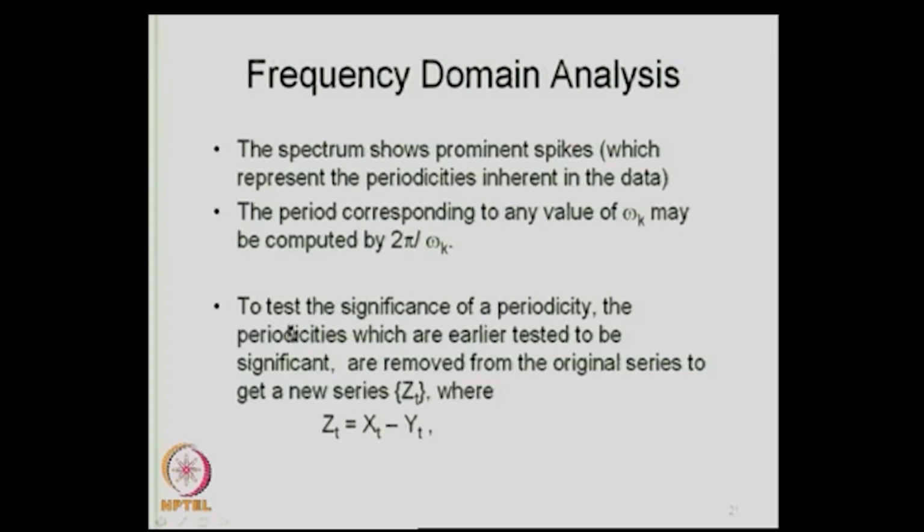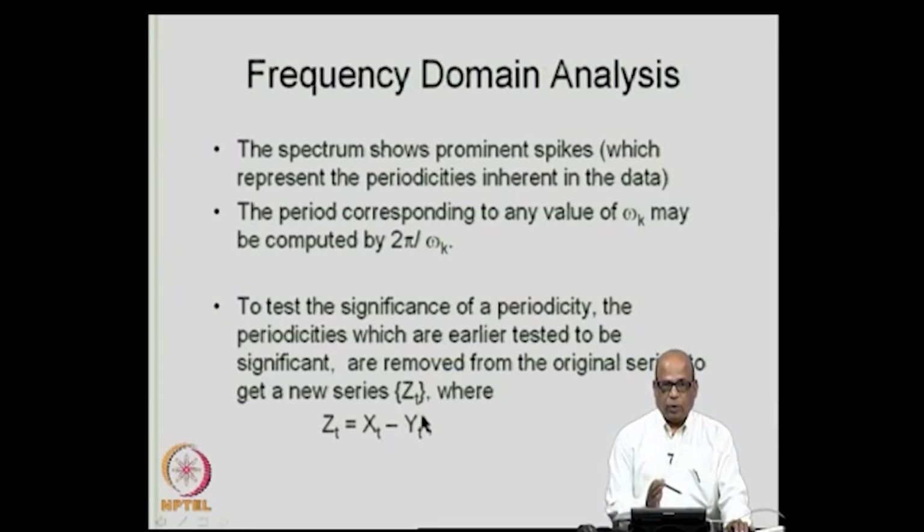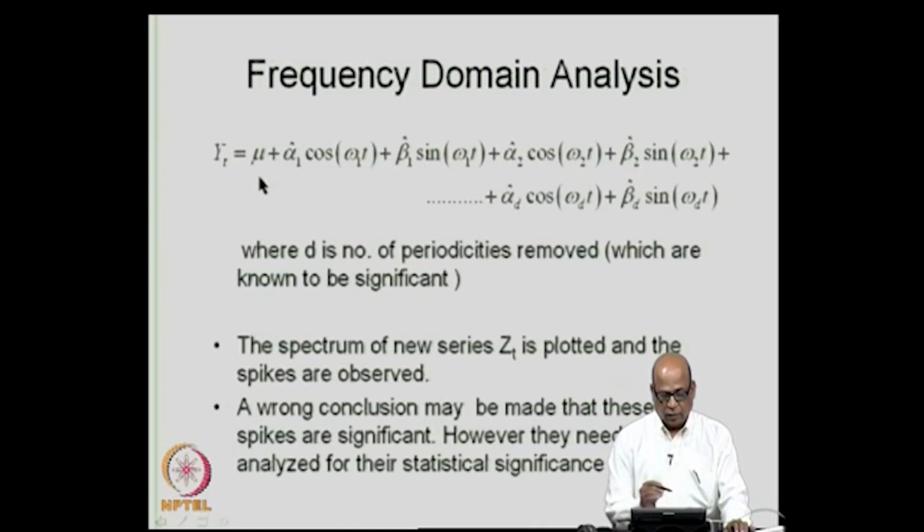So, what do we do? We reconstruct the time series z t is equal to x t minus y t, in which y t is the series containing the previous periodicities. Let us say that you want to remove d number of periodicities, 1, 2, 3 etcetera up to d.